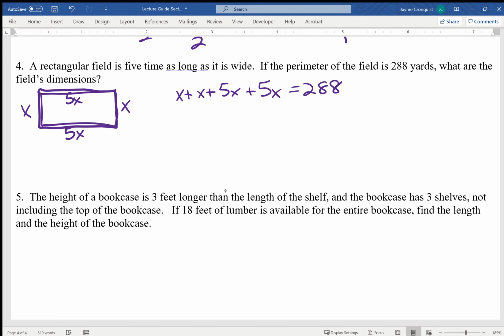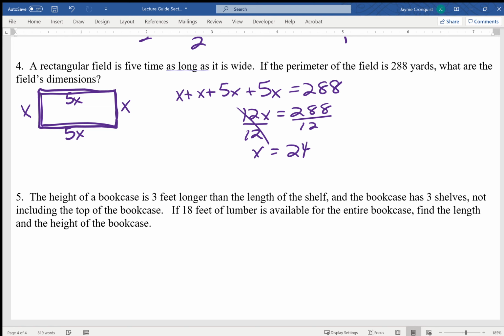So I've got 10, 11, 12 x's. So I divide each side by 12. And I put that in my calculator. 288 divided by 12. x is 24.